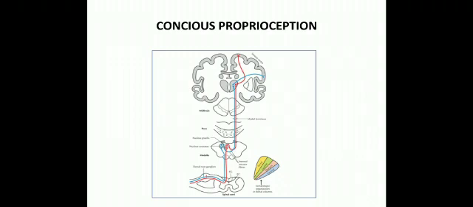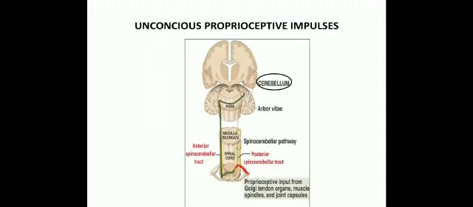The proprioceptive pathways are different for conscious and unconscious impulses. This diagram is showing the pathway for conscious proprioceptive impulses. So, the course is similar to that of the touch pathway, and in the unconscious proprioceptive impulses, the first neuron is similar to that of pain.